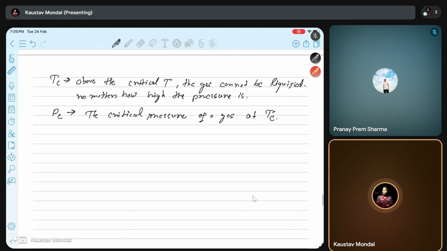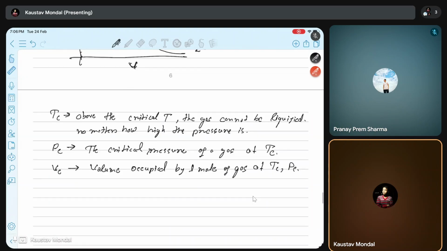And last is the Vc, the critical volume. It is the volume occupied by 1 mole of gas at Tc and Pc. So at Tc and Pc, the volume of that 1 mole of gas is denoted by Vc, the critical volume.